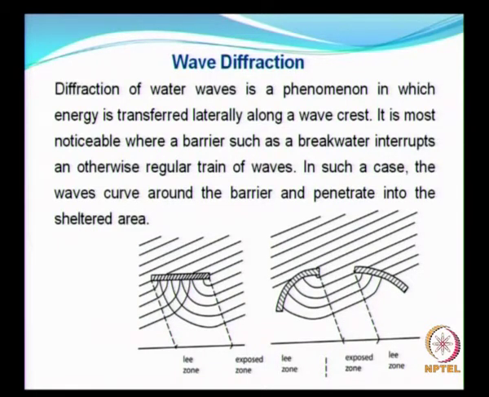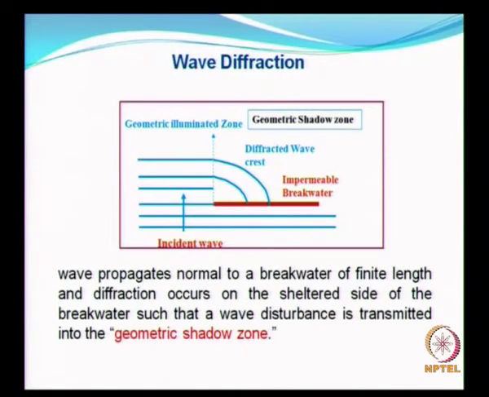Now we will again examine the same thing. When you have a rigid barrier, what would really happen? So I am having a rigid barrier. Now I am considering the simplest case, that is, I am having a barrier which is an impermeable barrier.